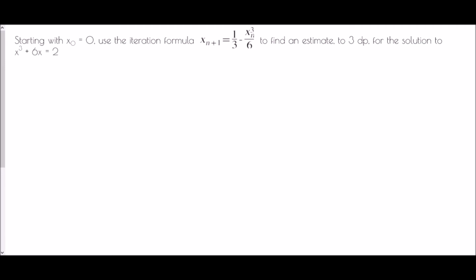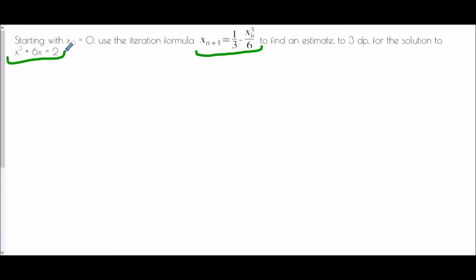Okay, so let's try and use the iterative formula in order to find an estimate for our solution. In this case, this is actually just the rearranged version of the equation that we started with, of x cubed plus 6x plus 2. And so what we're looking for is we're trying to find an estimate to 3 decimal places, and we're going to begin with x0 equals 0.